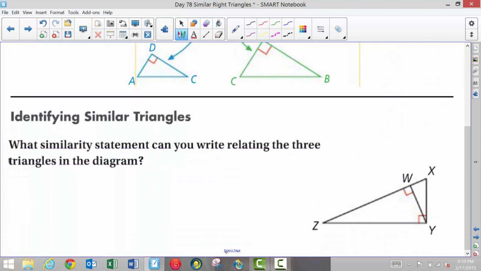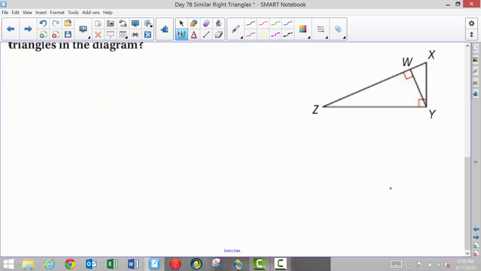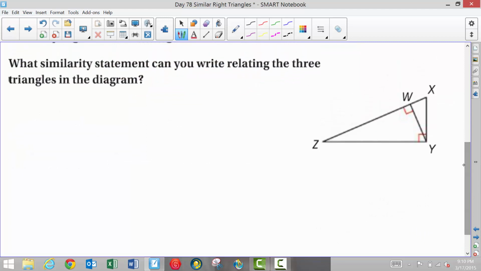So the objective will be to write a similarity statement given an altitude going to the hypotenuse of a right triangle. And I'm going to teach you how to write these similarity statements by drawing the three right triangles. So I have triangle 1, triangle 2, and then you also have the big triangle ZXY. When you're doing these problems, I would highly suggest you redraw your three right triangles in the same direction.